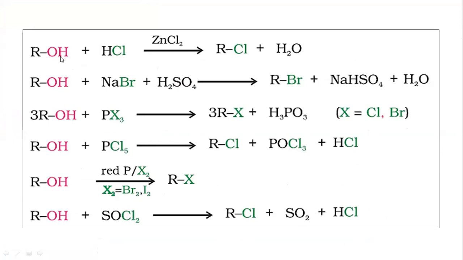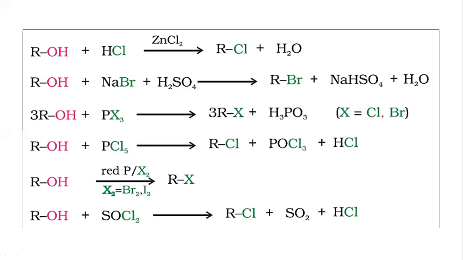So ROH, alcohol plus Lucas reagent, we get RCl. Then NaBr and H2SO4, we get RBr. PX3, this is PCl3, we get RX. PCl5, we get POCl3 as a byproduct. Then this is PBr3 and PI3; we get alkyl halides.